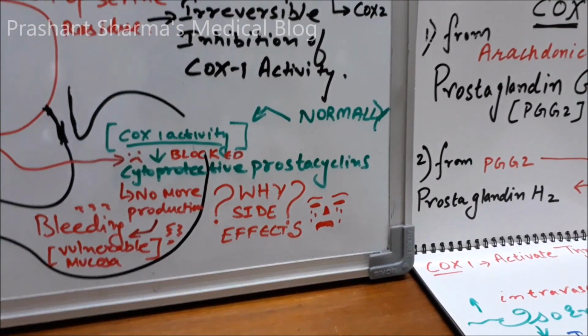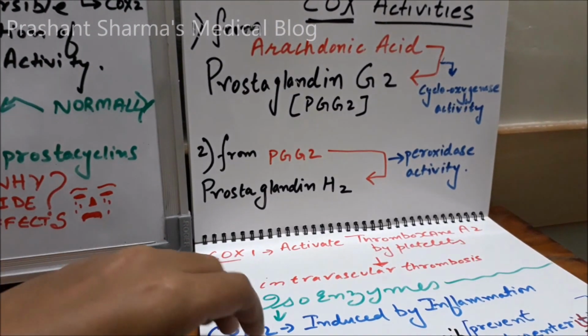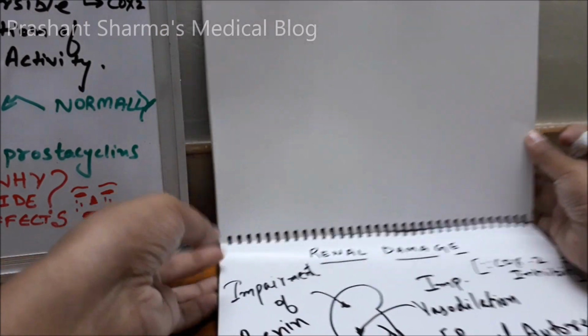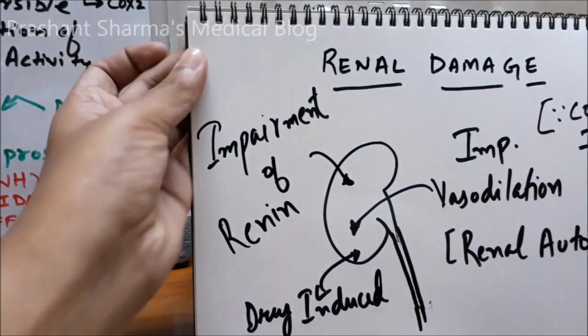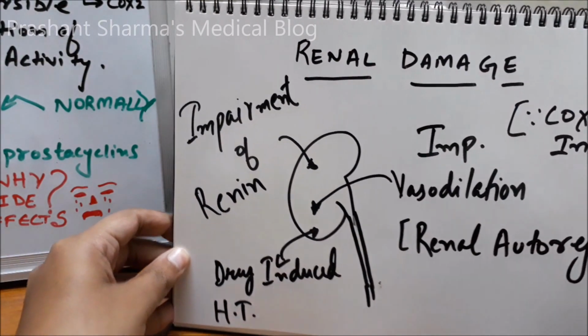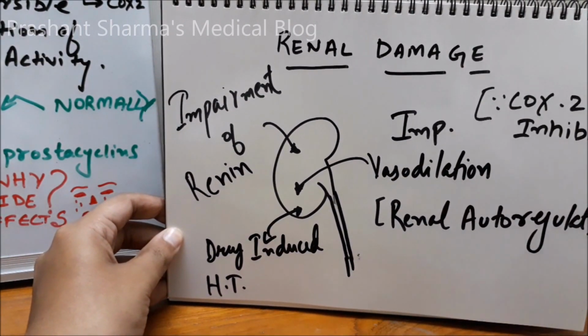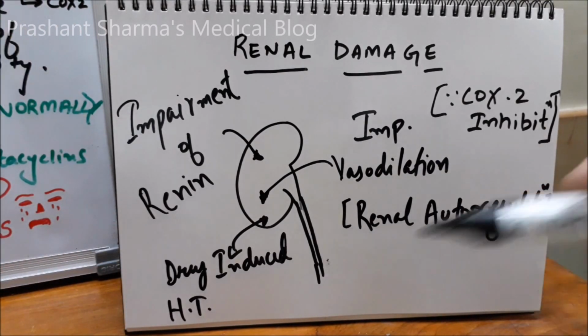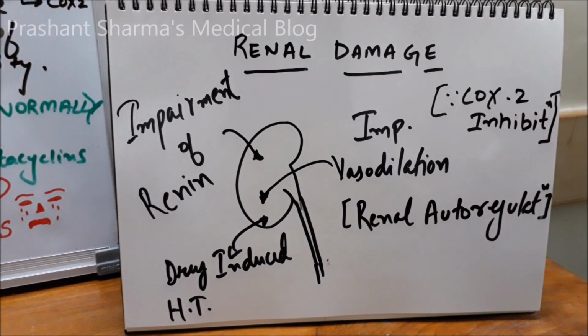Now going on to the renal aspect, we have renal damage because there is impairment of renin, drug-induced hypertension, and impairment of vasodilation, that is, renal autoregulation. You may deduce here that all these activities are carried out by the normal constitutive functioning of COX-2, that is, cyclooxygenase 2.